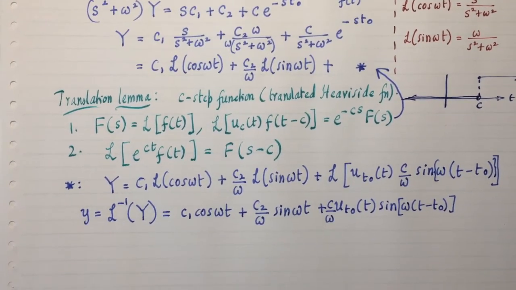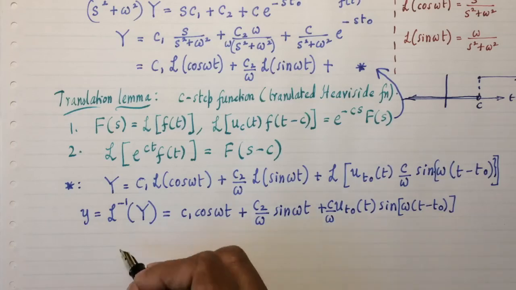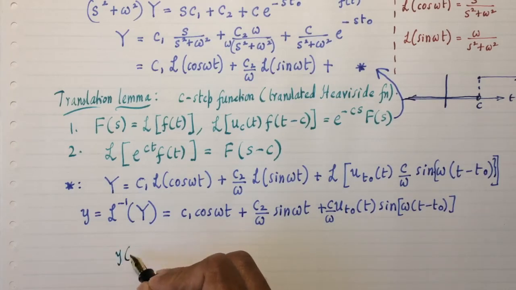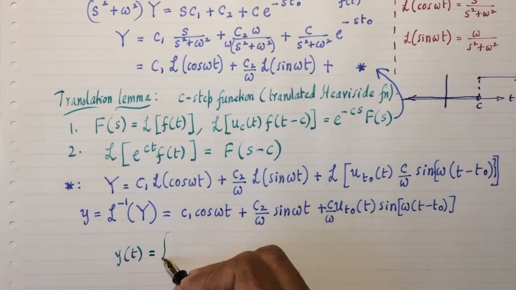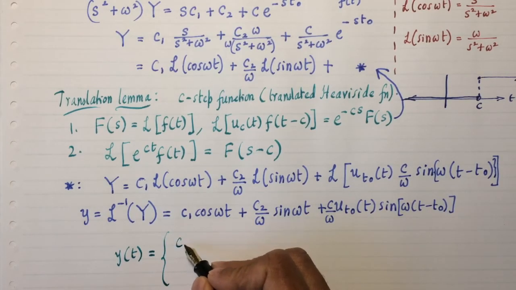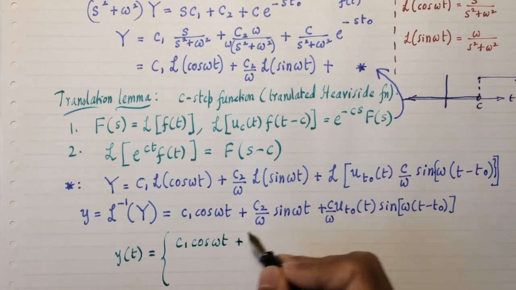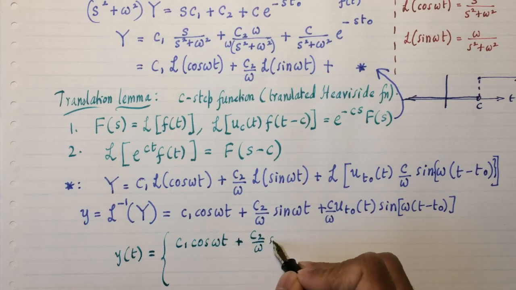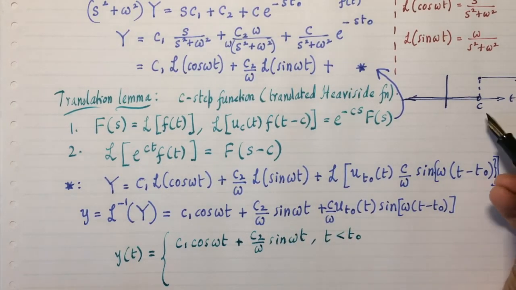Now that we have the function, we can write it in a two-step process because people may not recognize what this is. So the full solution to the problem is, before you kicked your cousin, well, I don't know where the cousin came from, but before you kicked the swing, c1 cosine omega t plus c2 over omega sine omega t for t less than t0, because before t0 the swing was not disturbed.